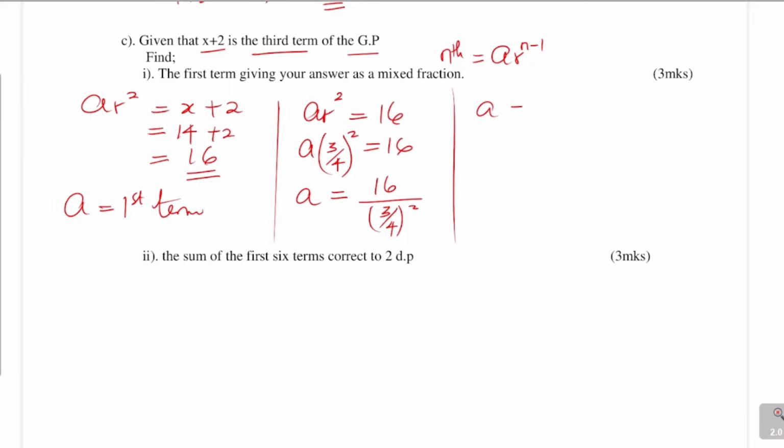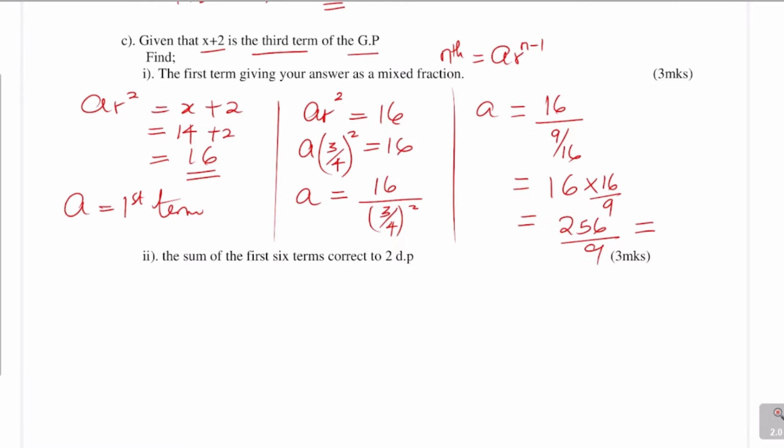So this will give a is equals to 16 divided by 3 squared over 4 squared. 3 squared is 9, then 4 squared is 16. So now we can proceed. So a will be given by 16 multiplied by the reciprocal of 9/16, which is 16/9. And this will give 16 by 16, you get 256 divided by 9.